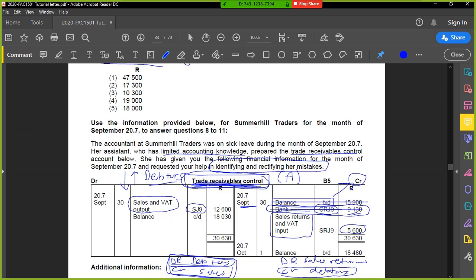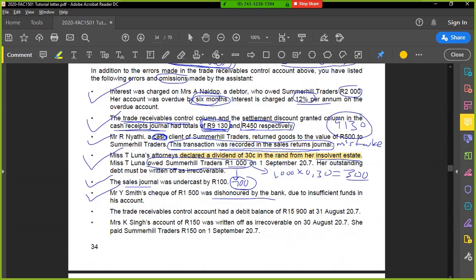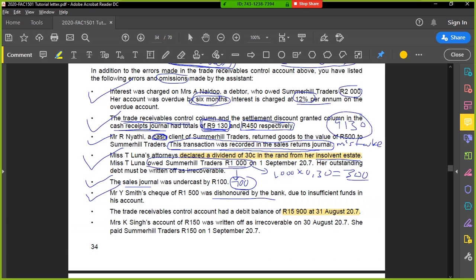Does that make sense? Yes. We're looking at the month of September, which is the current month. This was 31st August, so that would have been the opening balance. So 15,900 was the opening balance. Right, that's confirmation. That's fine.